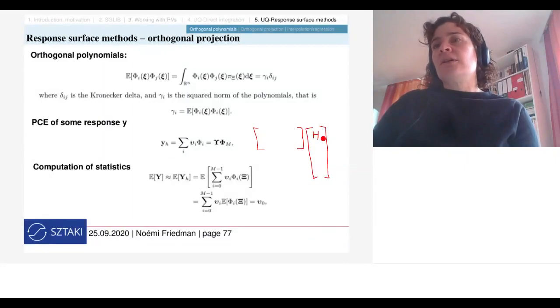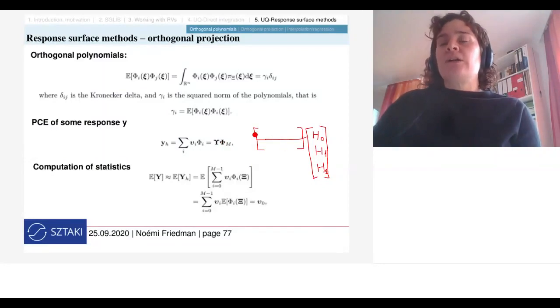This is the zero-degree polynomial, H0. And here I have, let's say, H1, the first-degree Hermite polynomial. And here I have the second-degree polynomial, H2. This will be the psi m vector. And if I have one response, this is only one row.